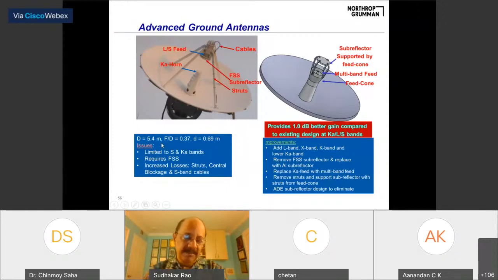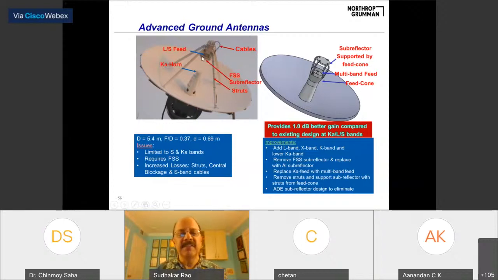Now AFRL wants to upgrade all the ground antennas, from 3 meters all the way up to 13 meters. There are hundreds of them. They want to add 6 more frequency bands. They added another L band, X band, K band, lower Ka band, and we came up with a much simpler design.